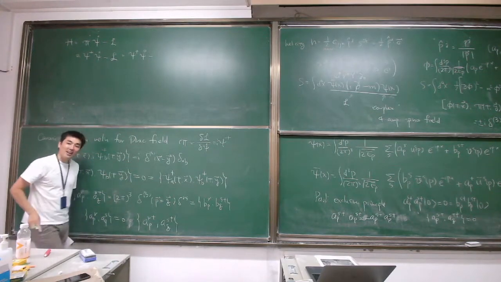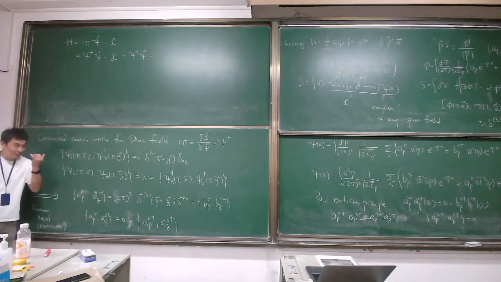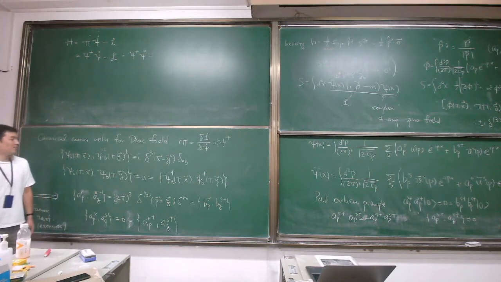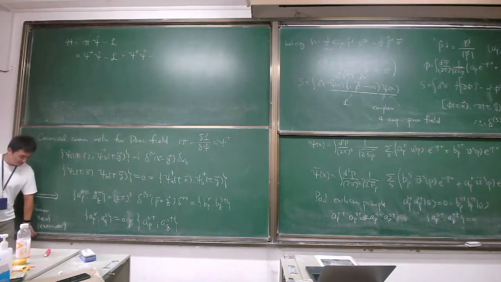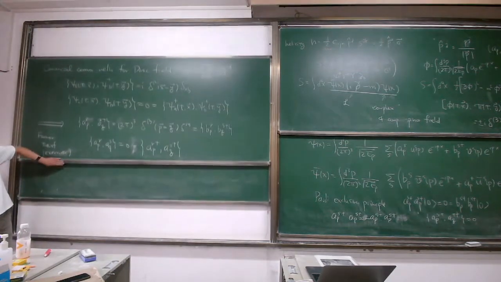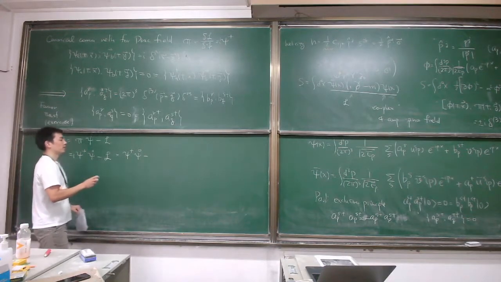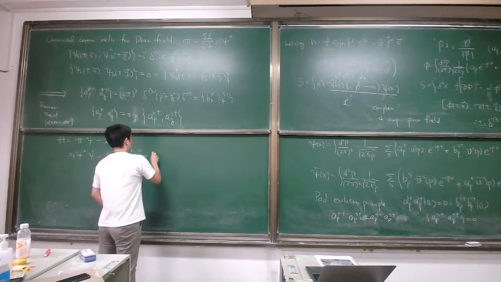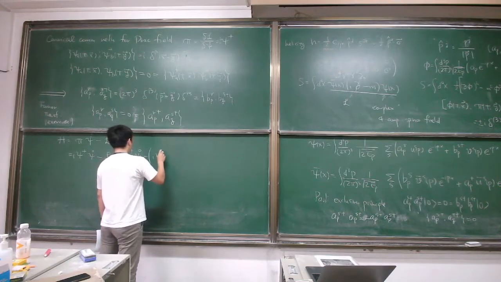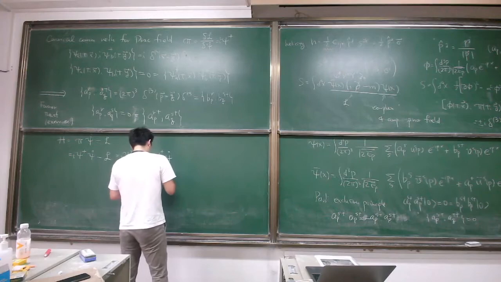That's why I was asking why there is no i here. Therefore this is i times psi dagger psi dot.